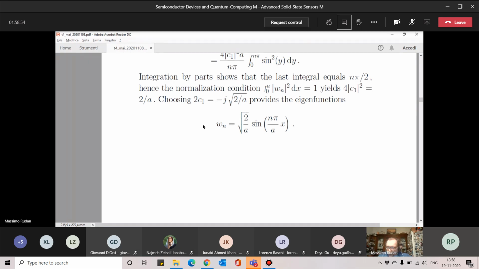There are problems in which for one eigenvalue, you may find more than one eigenfunction. In this case, you have only one-to-one correspondence, so the eigenvalue is called simple, because there is only one eigenfunction corresponding to it, okay?